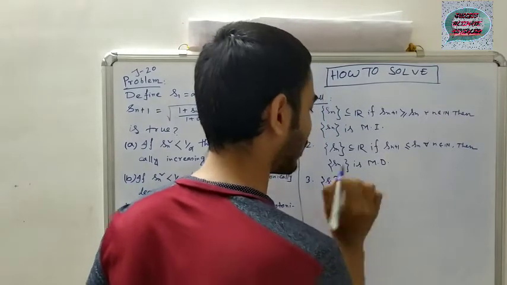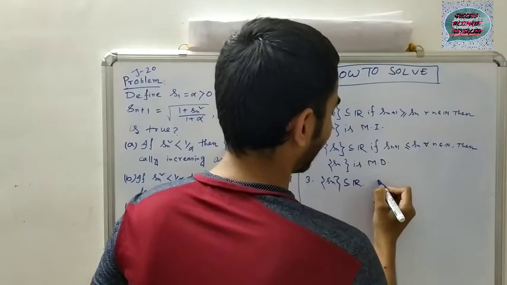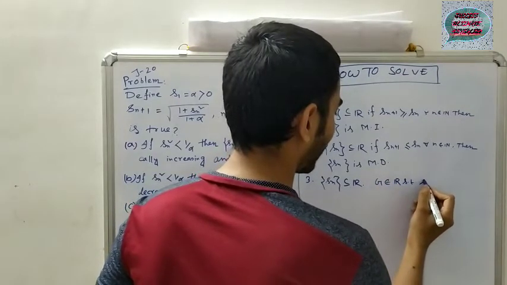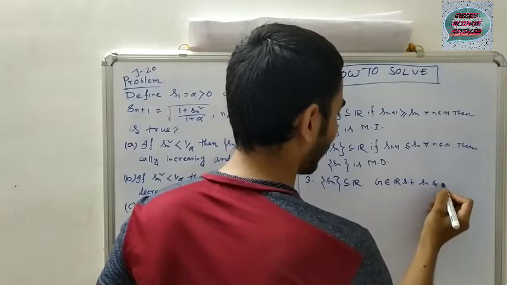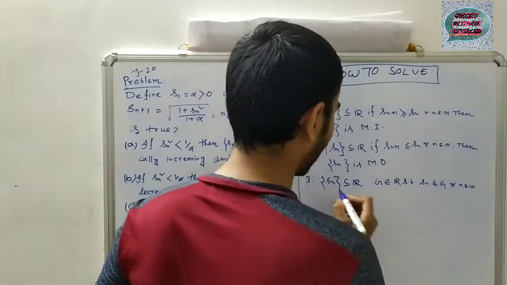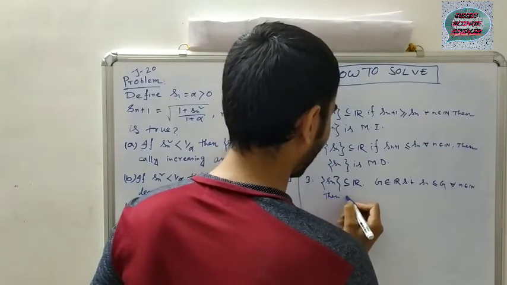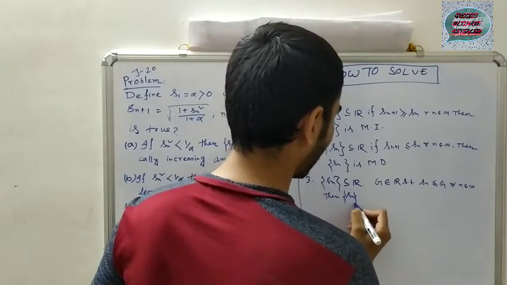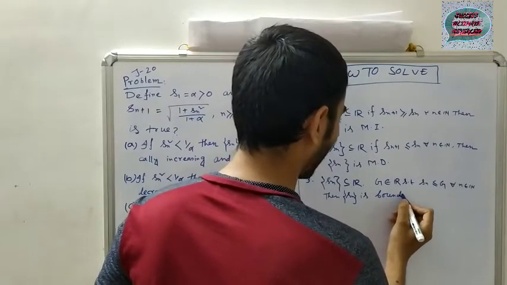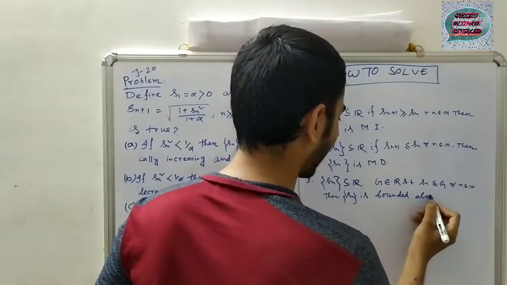Third point: Sn is a sequence of real numbers, and if there exists a real number capital G belonging to R such that Sn is less than or equal to capital G for all n belonging to N, then Sn is a bounded above sequence.